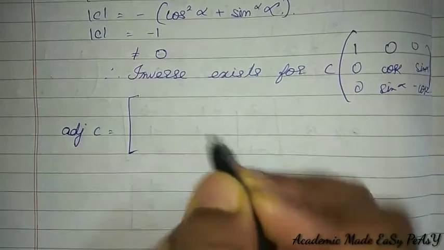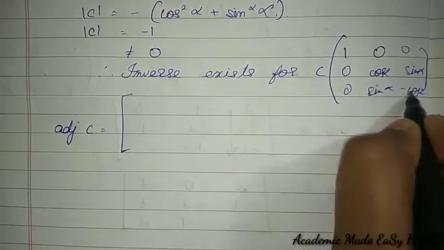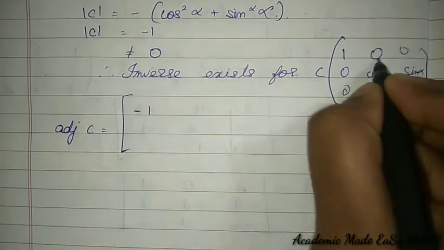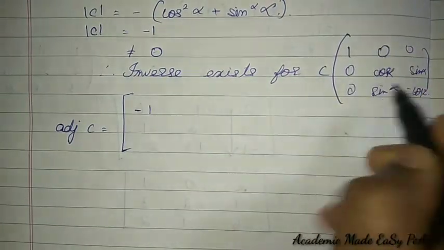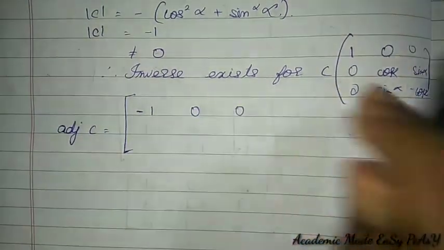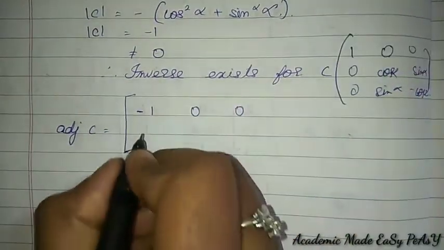So what is the adjoint over here for this? Cos square alpha minus sin square alpha, which is minus 1. No. And here for 0, it is 0. Here if we take also, it is 0. And here when we take, it is 0.